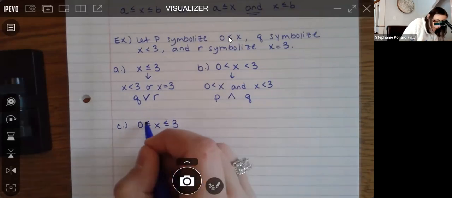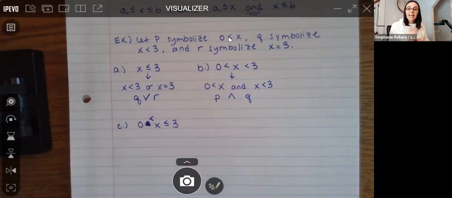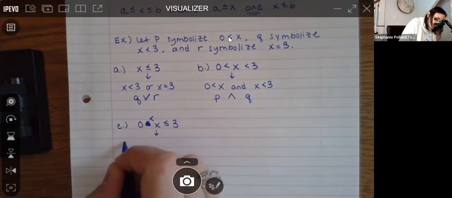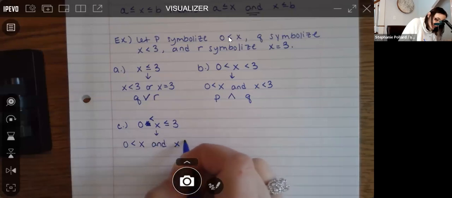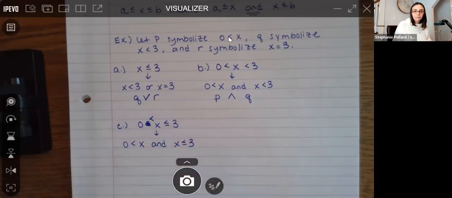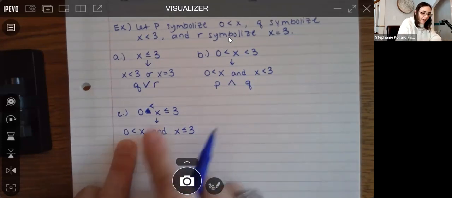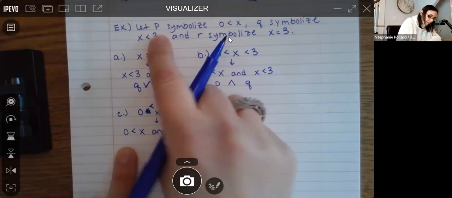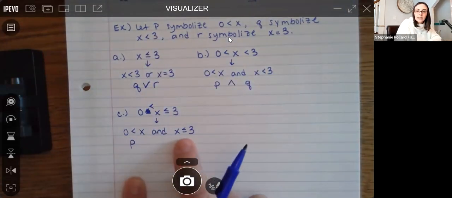Actually, let me switch this one. Let's mix it up a little bit. Let's do one more. So 0 is less than x is less than or equal to 3. So what are we saying here? We're saying that 0 is less than x and x is less than or equal to 3. Well, 0 is less than x is pretty straightforward. I already have that symbolized as P. x is less than or equal to 3 is more difficult though.